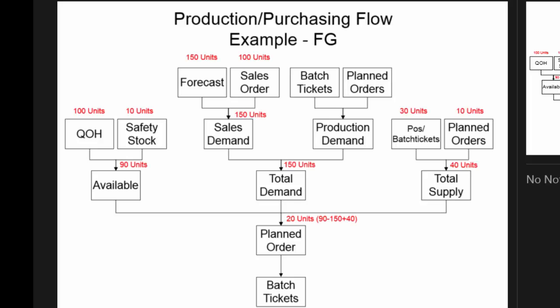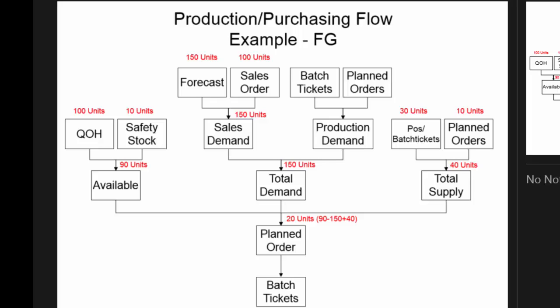So if we take an actual example here, here's a finished good. If we start on the sales demand and we talk about a forecast, I don't know that I said this, but when we're working with forecasts versus sales orders, we're going to take the greater of those two numbers. In effect, we net sales orders against forecasts is another way of looking at it.